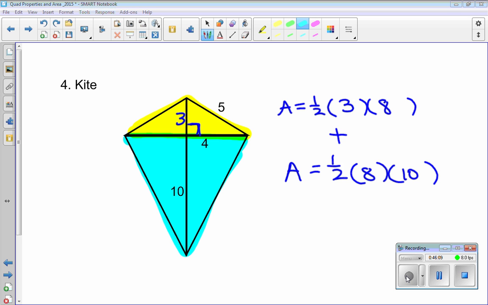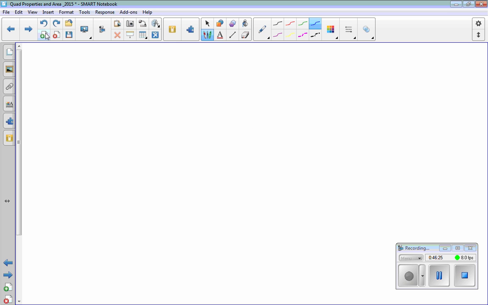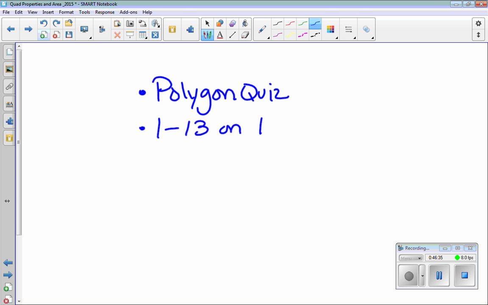In addition to your quiz, you have part of that other sheet where you had to do the sometimes, always, never stuff. So you have a polygon quiz. You have to do 1 through 13 on the handout that we did.